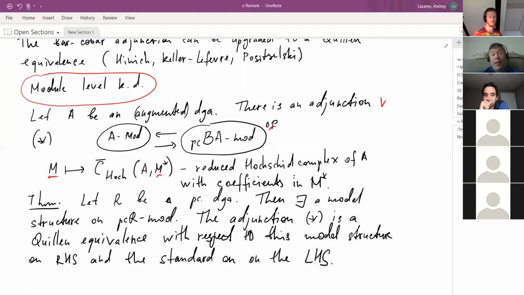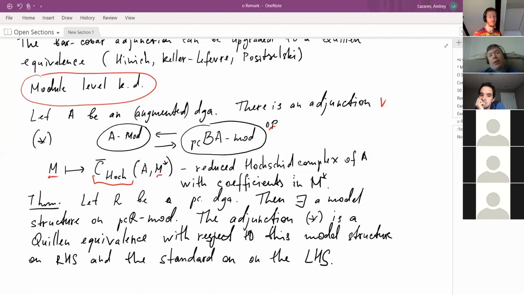It's certainly a right A module because you dualize, but also it's a left A module using the augmentation of A. So I'm considering M star as an A bimodule, and then I take the Hochschild cohomology, the reduced Hochschild complex of A with coefficients in M star. So that's one of the functors, from left to right.